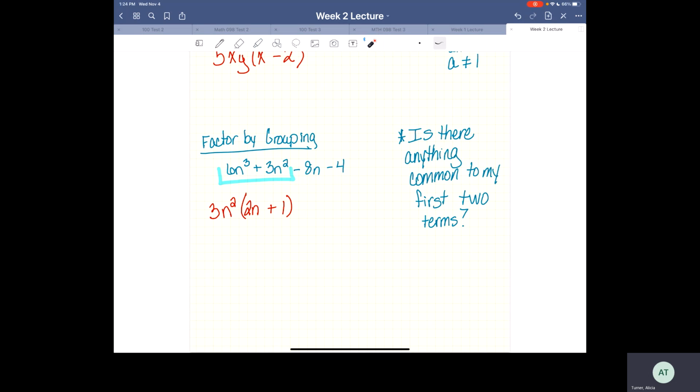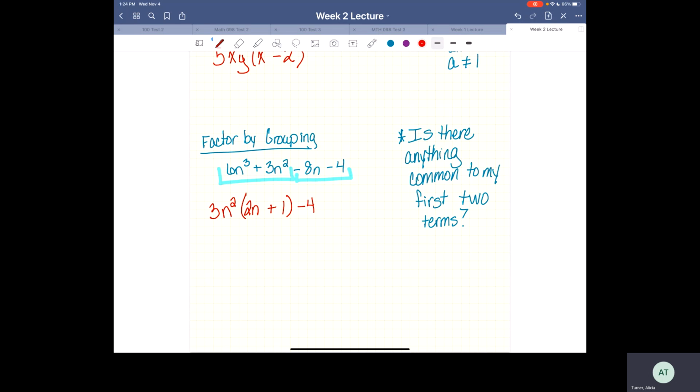Okay, the next thing: anytime that you are factoring by grouping, or when we start looking at trinomials with a value other than 1 in the front, if your third term is negative, you are always going to factor out a negative number. So I'm going to say that again. I'm looking at my second two terms, and if that third term is a negative, so I've got minus 8n, you are always going to factor out a negative.